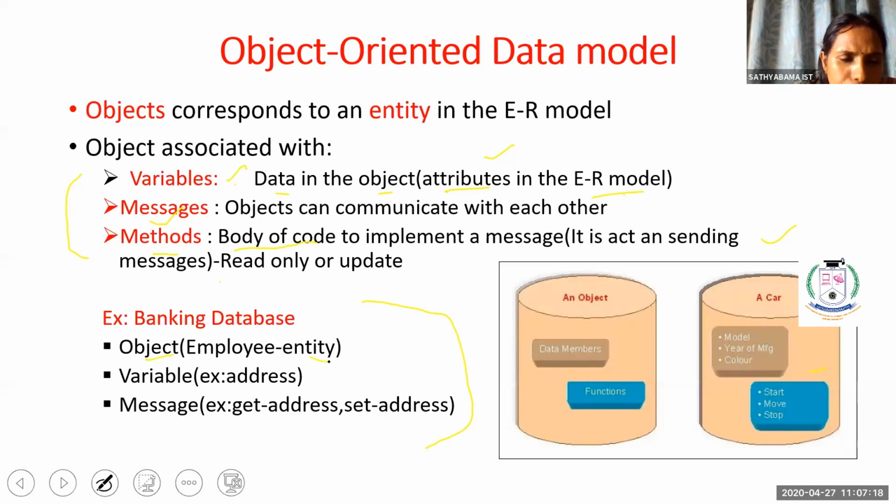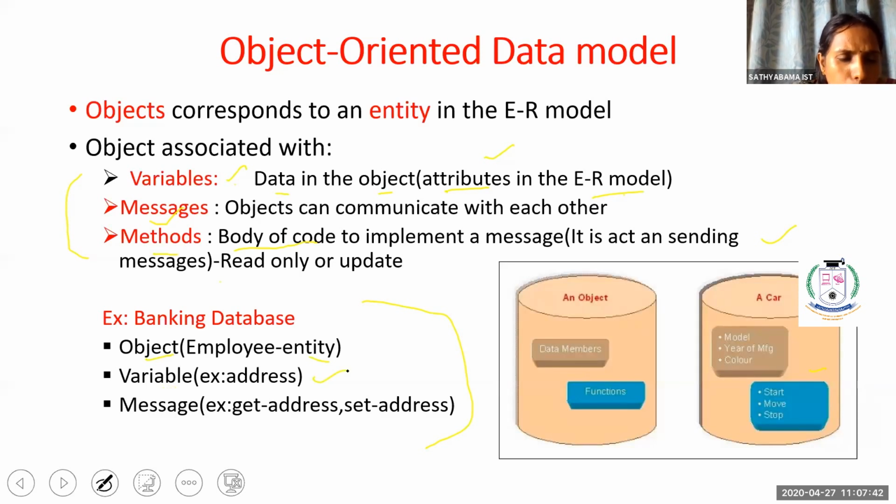So employee is an object, and employee is also an entity. In the same way, a variable is nothing but data present in your object, and the data is nothing but an attribute of your ER diagram. For example, the address of the particular employee is called an attribute.